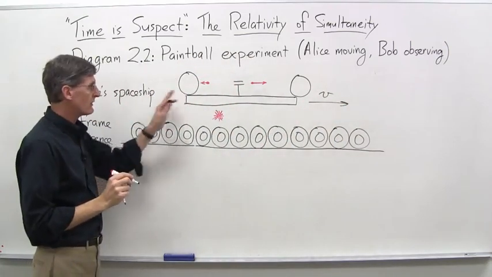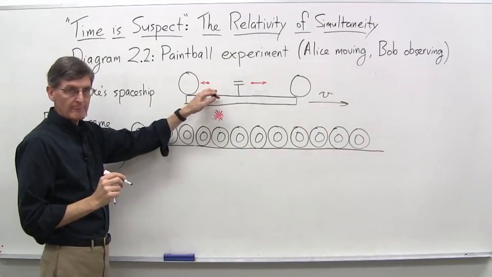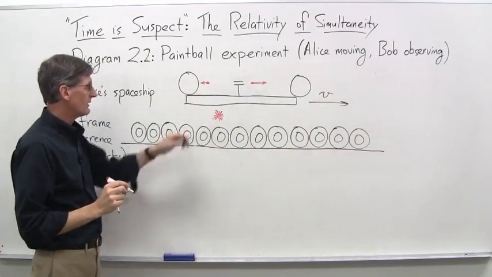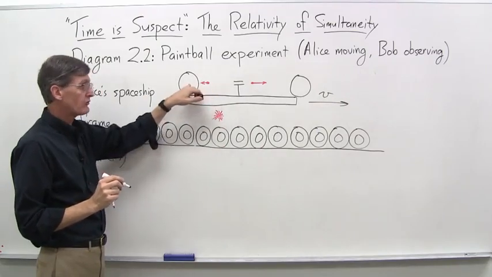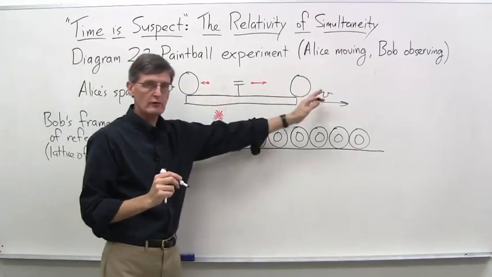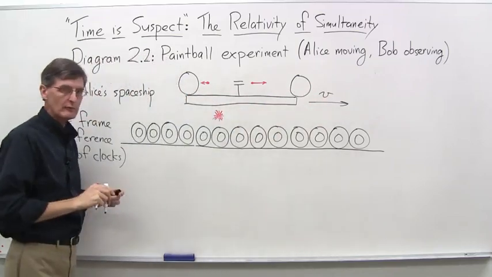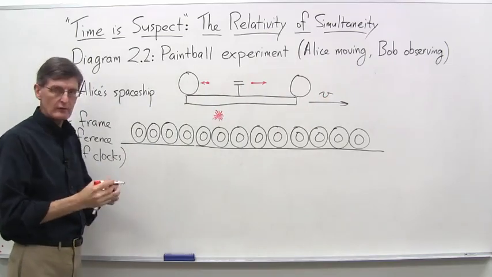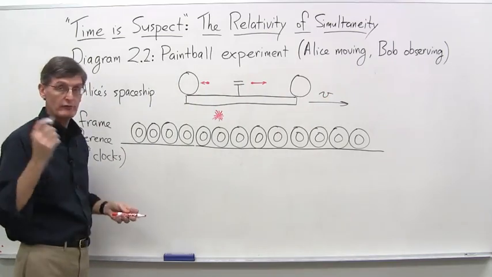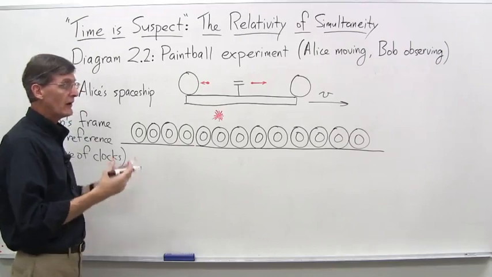This end is traveling towards this paintball. So we might expect that this paintball will hit first, and that paintball has a far longer way to go to catch up to that clock, and might hit second. But we have to remember that for regular objects like paintballs, or if you're throwing a ball, the velocities add.